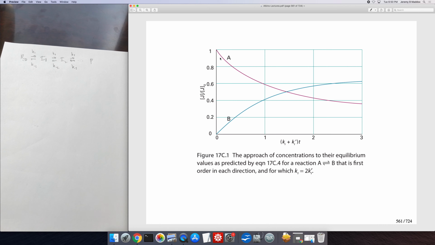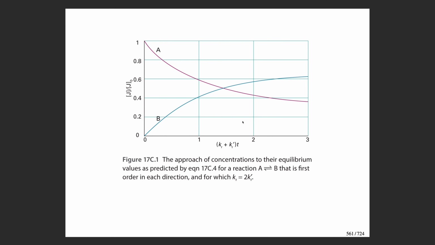You see that the reactant concentration decreases and the product concentration increases. Eventually, however, what you find is that the curves flatten out. They become constant at a long enough time, and that's where we say that the reaction has reached equilibrium, when the concentrations no longer change anymore. The forward rate equals the backward rate, and we're at equilibrium.